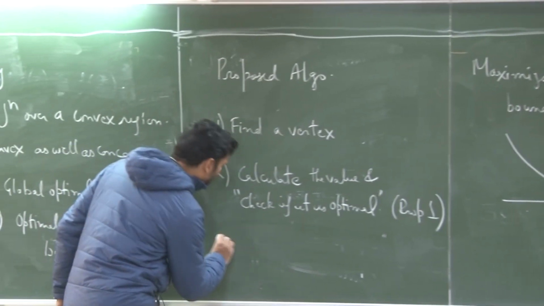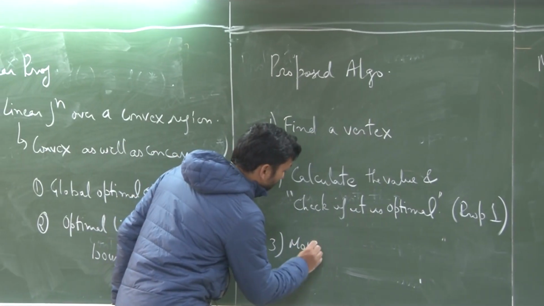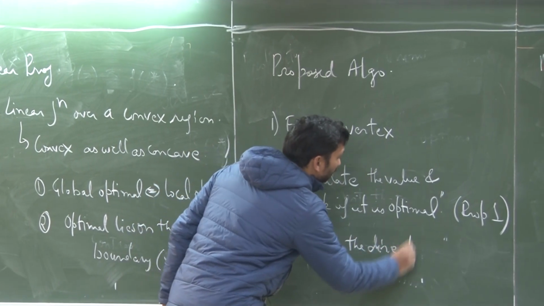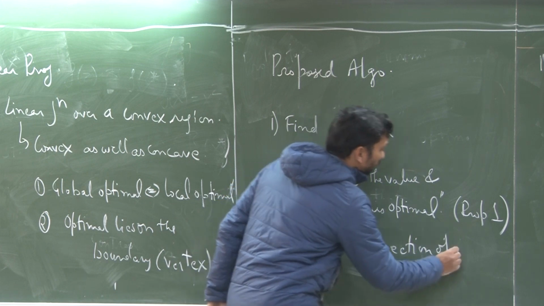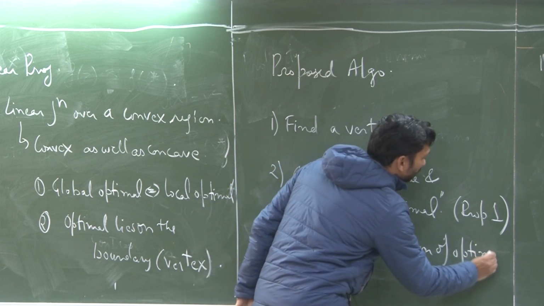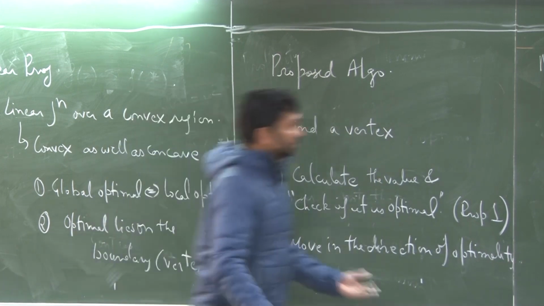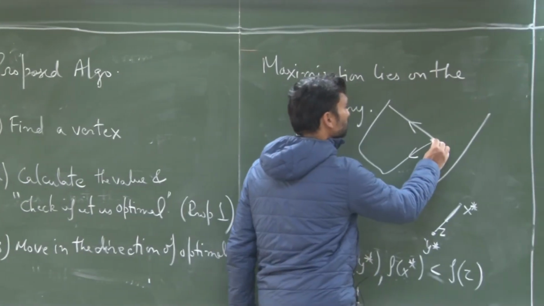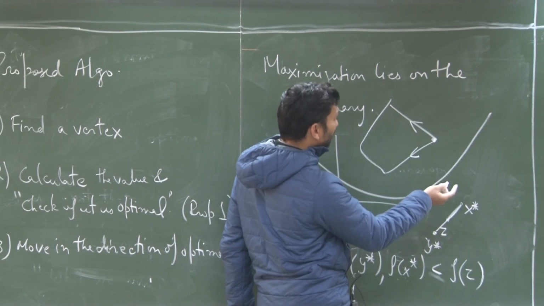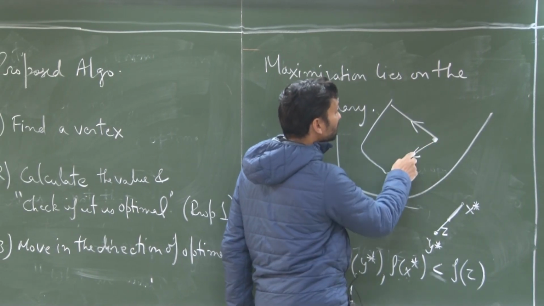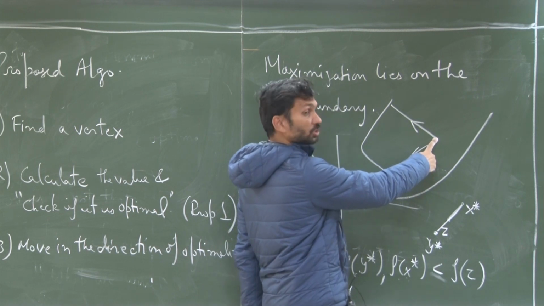If it is not optimal, move in the direction of optimality. That means, suppose we were at this vertex, we wanted to find a maximum. If the function value doesn't increase here, we stop because this is optimal.